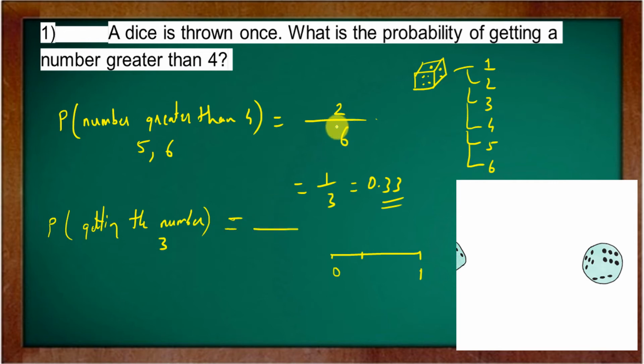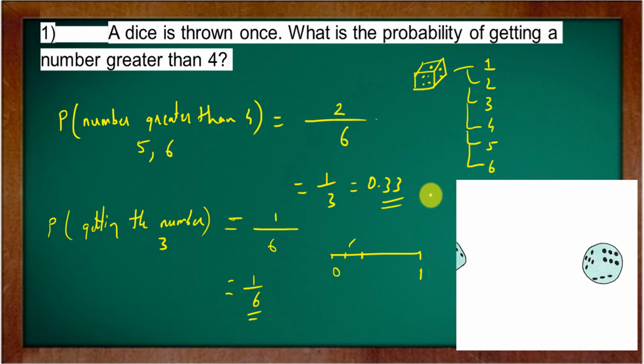Again, the number of all possible outcomes is 6: 1, 2, 3, 4, 5, 6. And what is the probability of getting the number 3? How many times can the number 3 come when the dice is thrown once? It can come only once, right. So its probability is 1 divided by 6, which will be somewhere here. Fine. So whatever question is asked, whatever the event may be, you will be able to solve such problems easily.